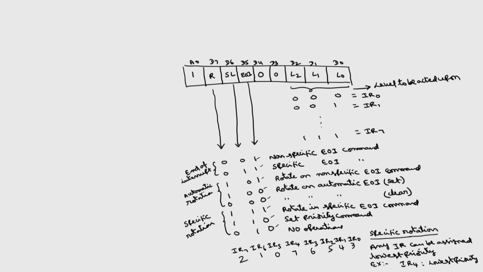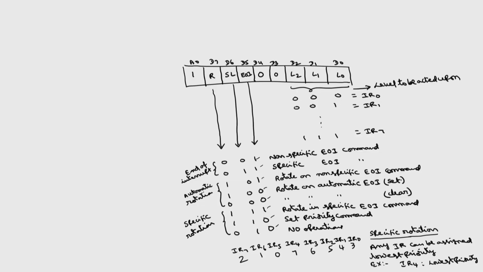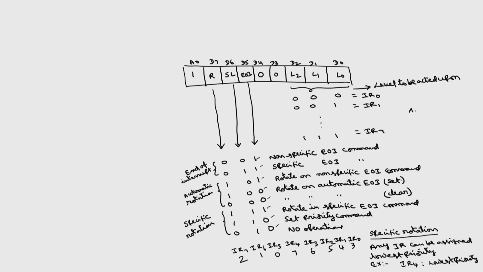Whereas in case of automatic rotation, by default the IR which is currently being served will have lowest priority.